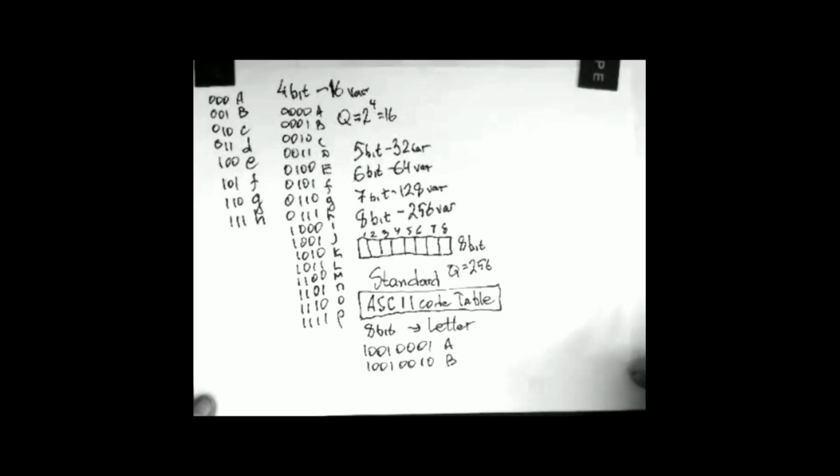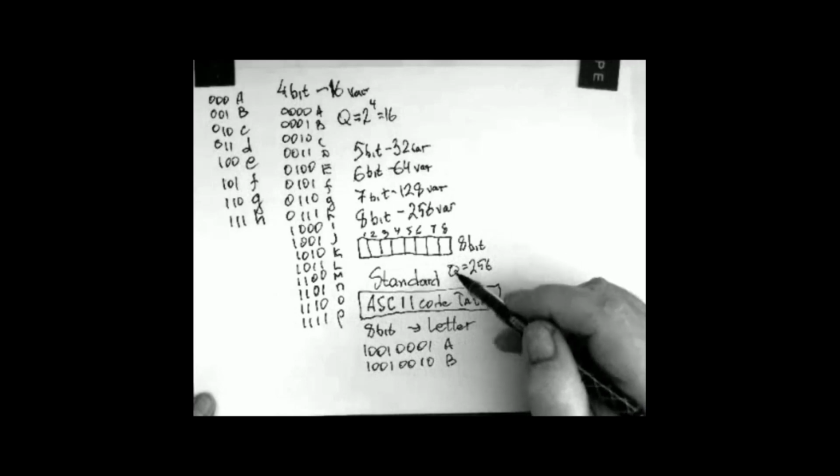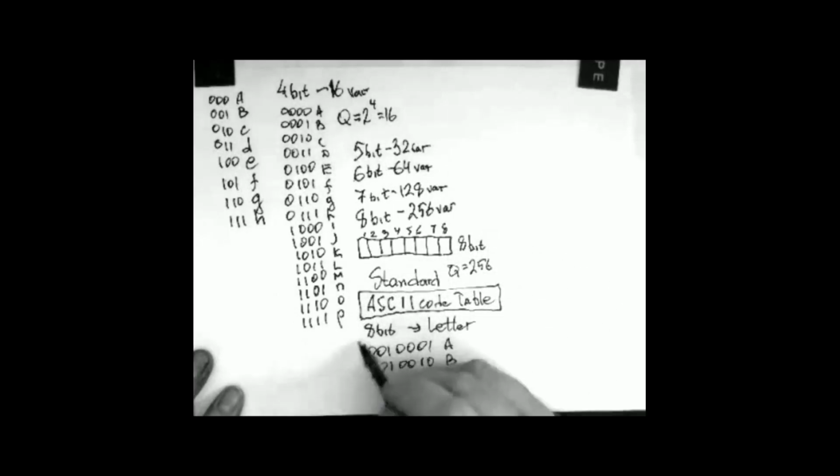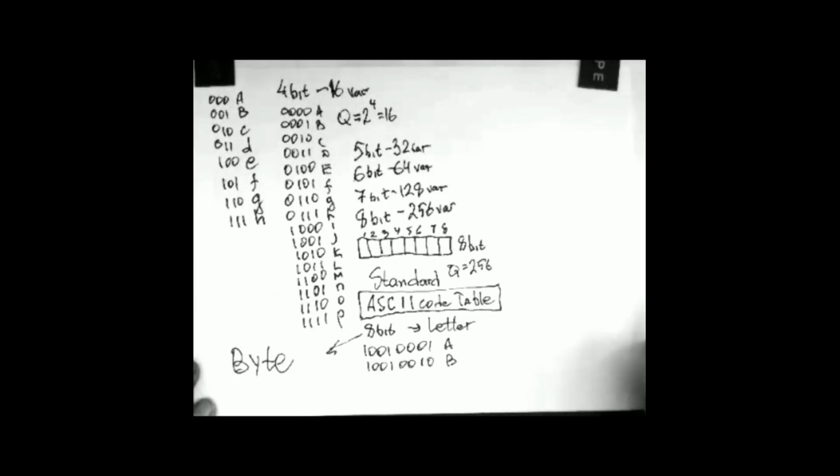ASCII code table. But folks, a combination of 8 bits also has a name. This combination of 8 bits is named a byte. And bit and byte are units for information. So if I say the word mommy, how many letters here? 1, 2, 3, 4, 5.